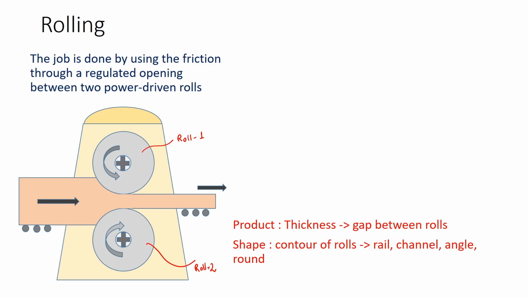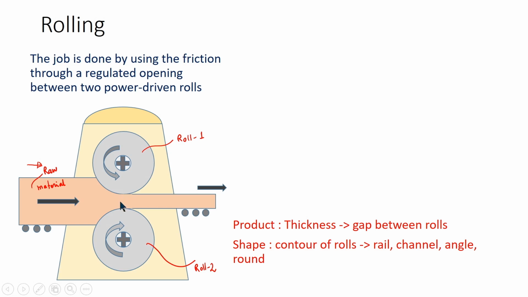When we feed raw material in the form of a sheet, the raw material comes into the gap between roll 1 and roll 2, and it will be driven due to the friction at the regulated opening between two power driven rolls.